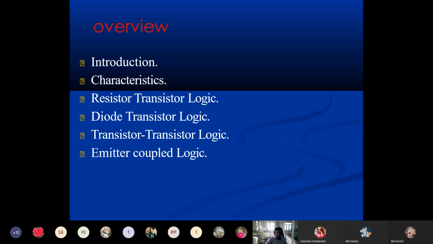If the ICs are of the same family, three or more RTL, or three or more DTL, or three or more TTL, or ECL logic can be connected. If you have n number of stages with the same logic family, they can perform any type of logic function or any type of logic design.